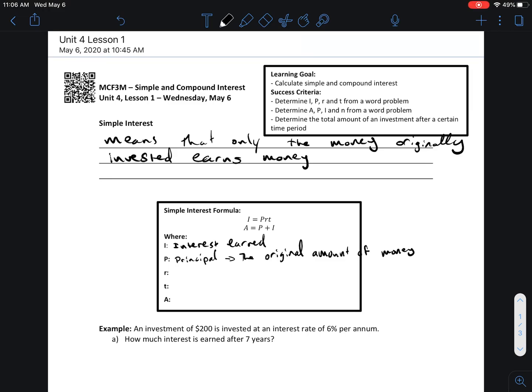So this is going to be like, I had $2,000 and I put it into the bank account. That's your principal. And then your interest is how much you earn on that $2,000.